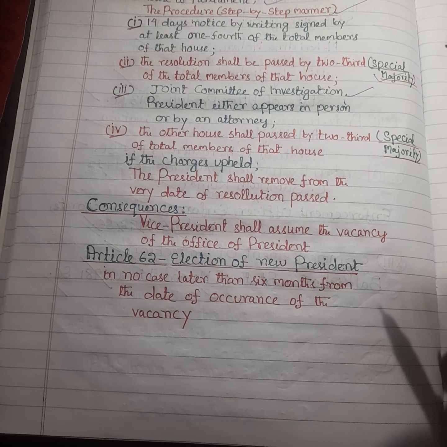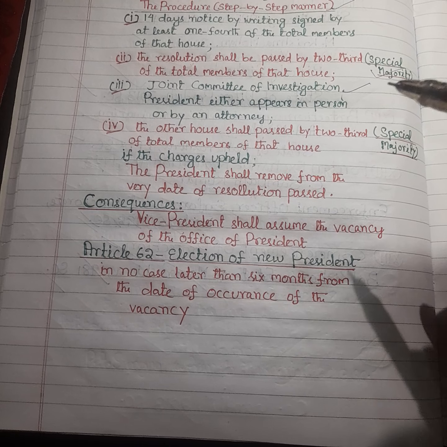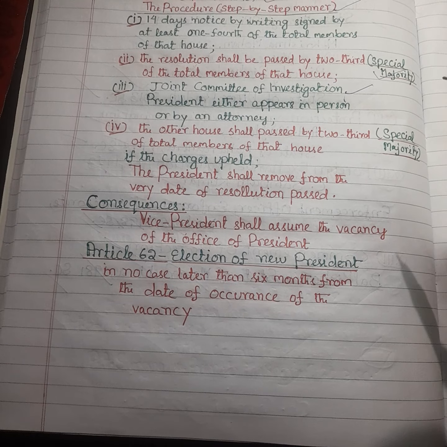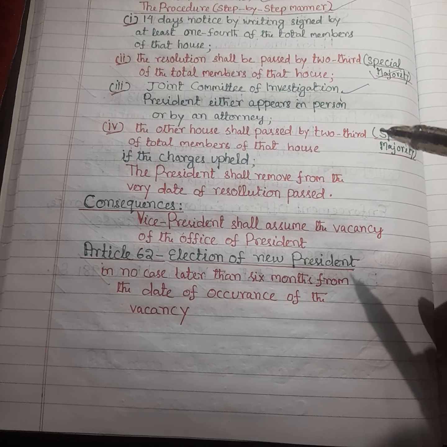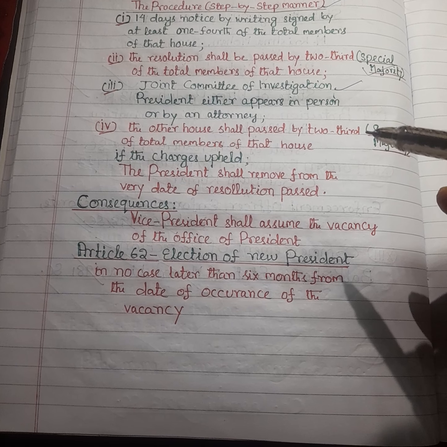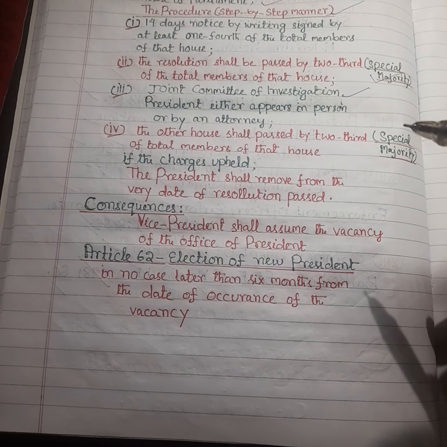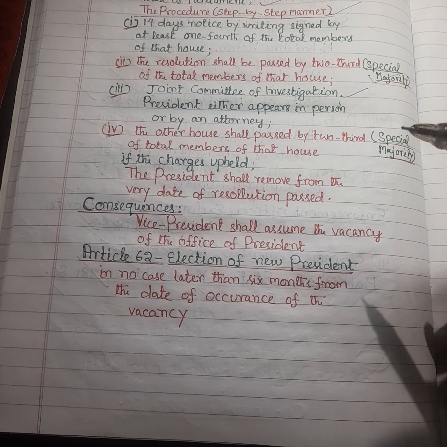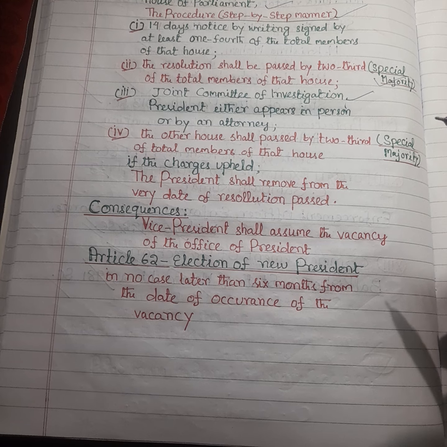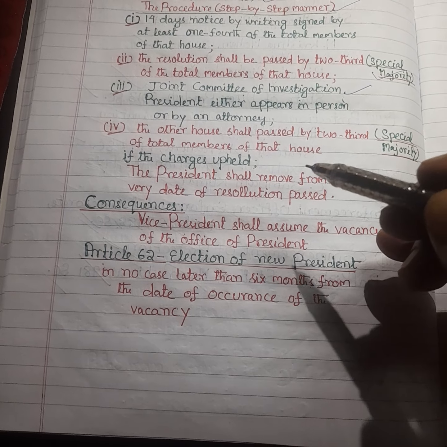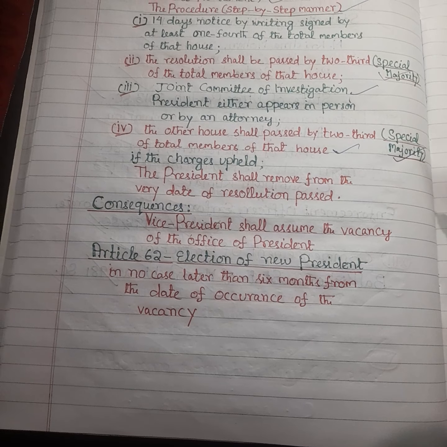which was passed by two-thirds of the total members of that House, which first raised the allegation and charge against the President regarding violation of the Constitution by a special majority. After that the other house shall have to pass the same resolution on the charges alleging that the President violated the Constitution, and the charges must be passed by two-thirds of the total members of that house, which is also a special majority.